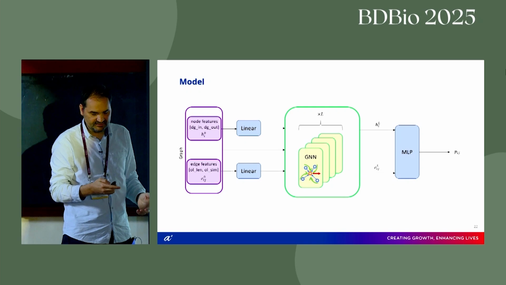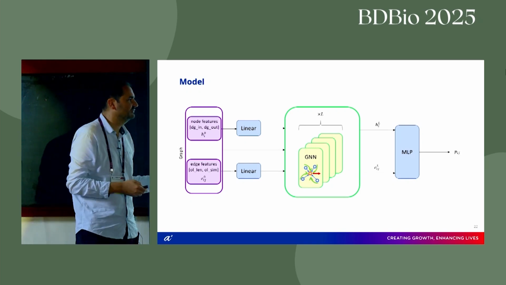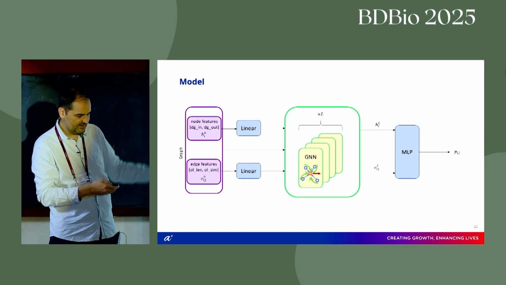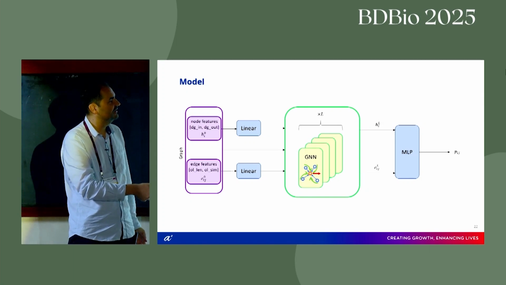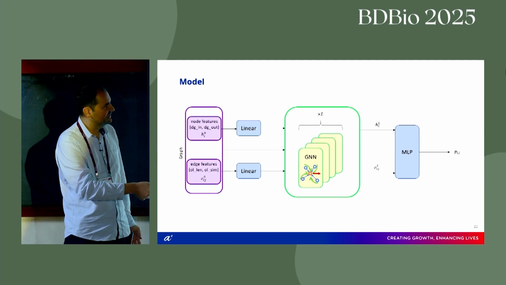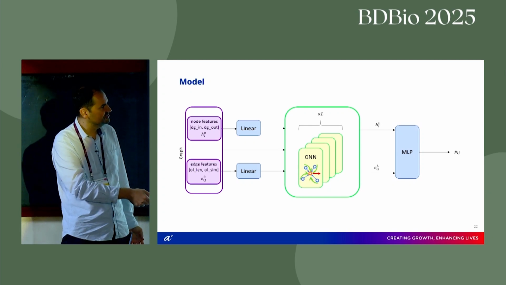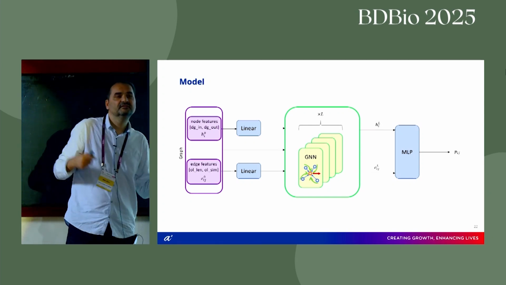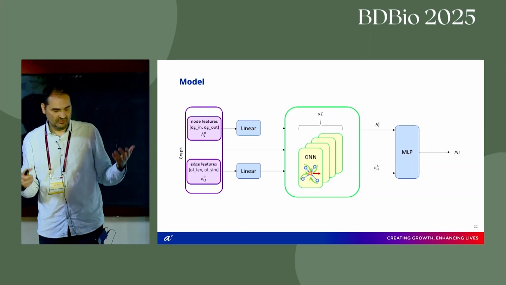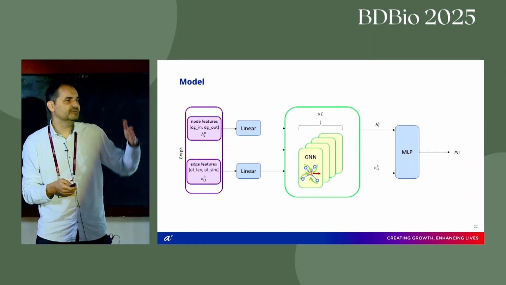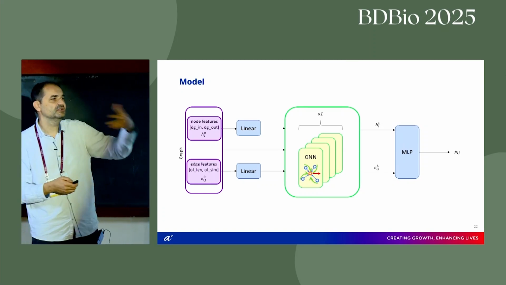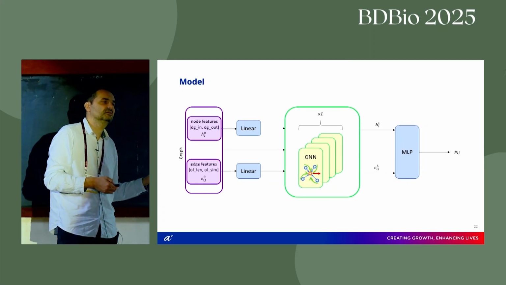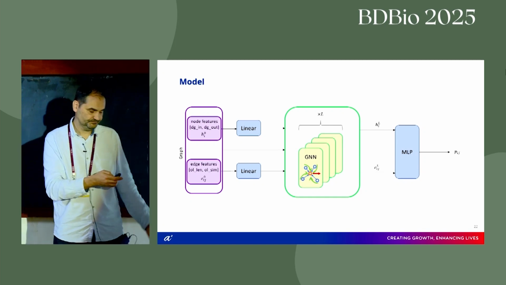So it requires some depth of these graph neural networks. And in the end, for each node and edge, you have some representation. So these are representations for nodes, these for edges. And in the end, you are trying to predict something. What we try to predict, we try to predict for each edge: can we use this edge and achieve the perfect assembly?